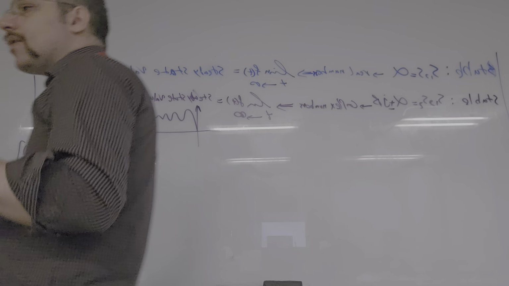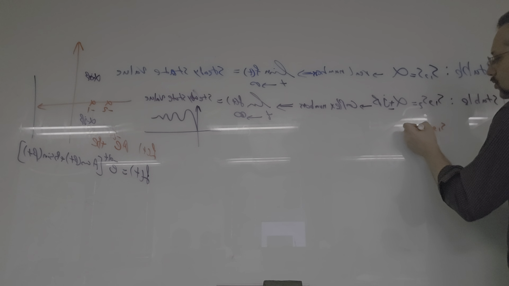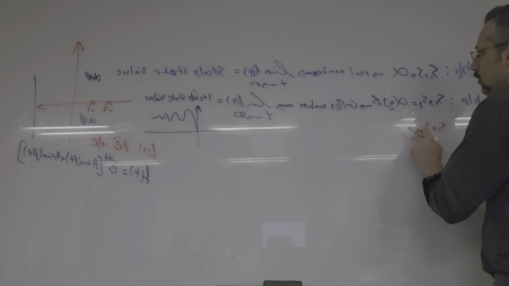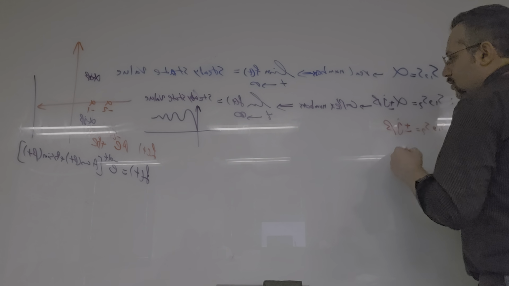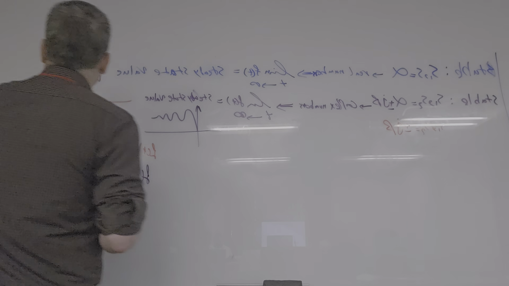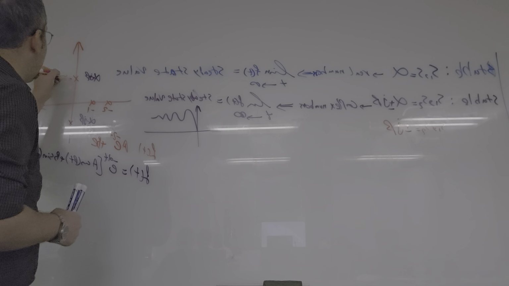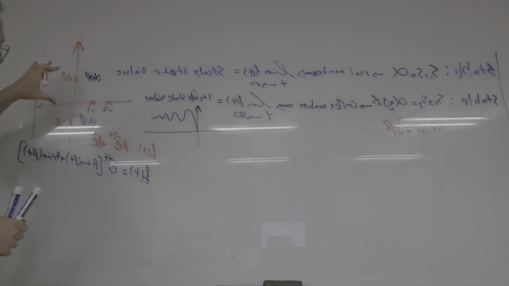Now, what would happen if our S1 and S2 were only imaginary numbers? So it was plus or minus j beta. In that situation, our poles would fall exactly on the imaginary axis. So we had plus j beta and minus j beta exactly over the imaginary part.